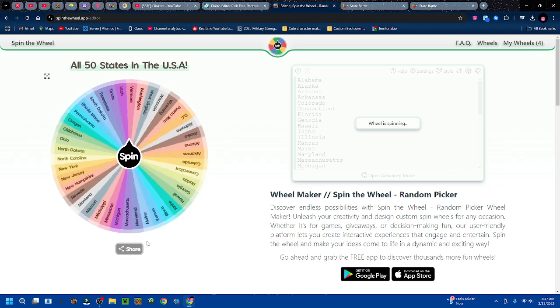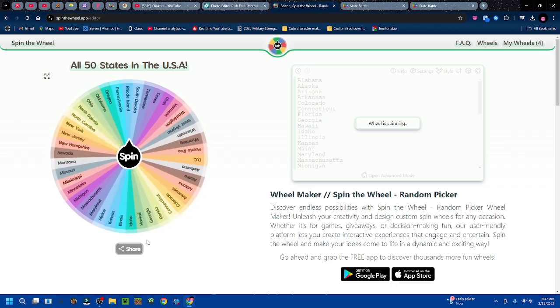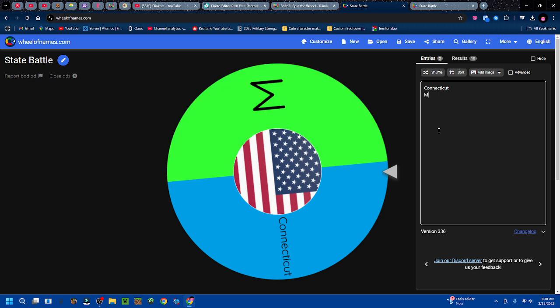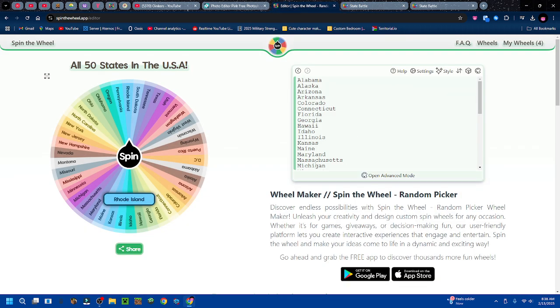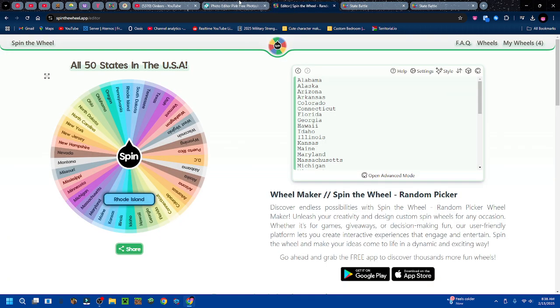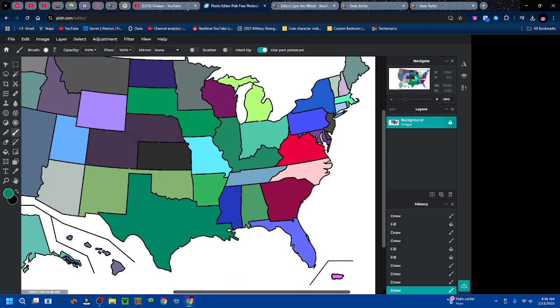And now it's time for Rhode Island to be doing something. Yes, I got it right. I know they border Connecticut, and they border Massachusetts. Is that right? Massachusetts? No, I got it wrong. Bam. I'm cheating off this wheel. Oh wait, that's all.